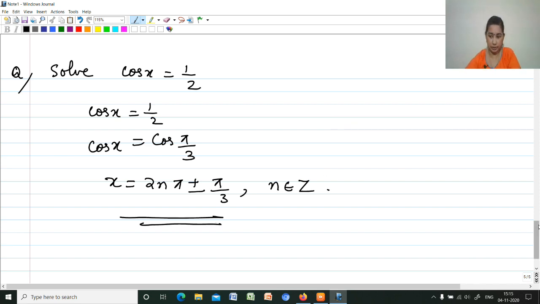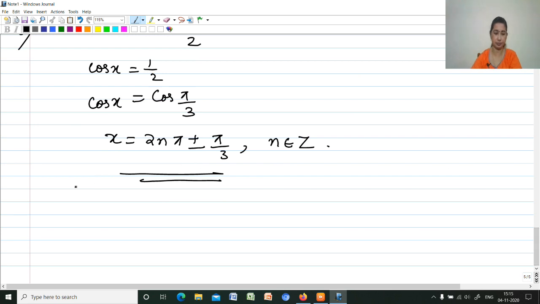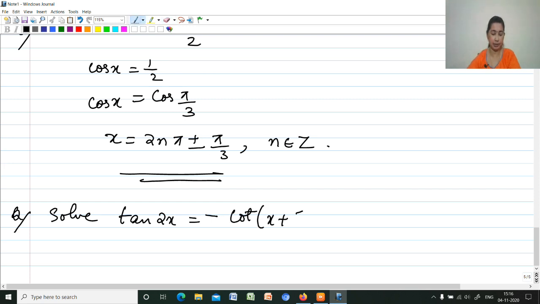Now, next one. Solve tan 2x equal to minus cot of x plus pi by 3.